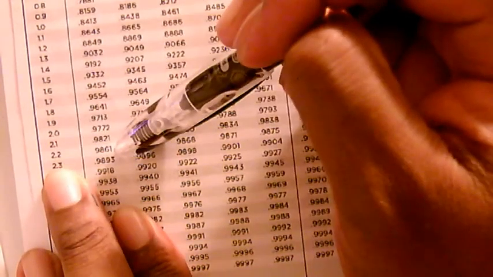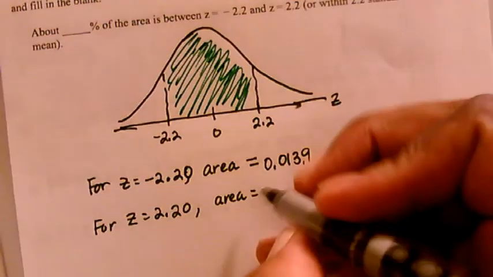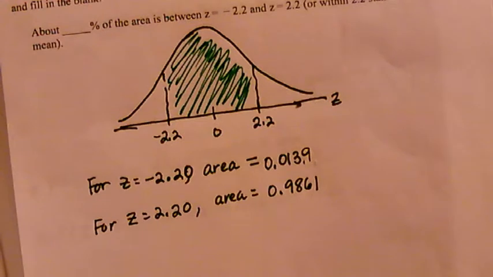This first column is your 0.00. So positive 2.2, and then 0.00 will be 0.9861. Right, so 0.9861 represents the area to the left of 2.20.